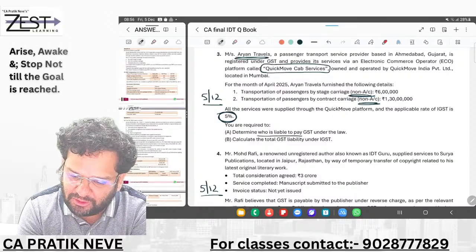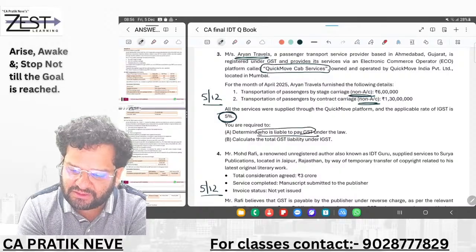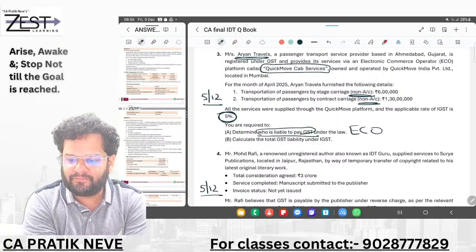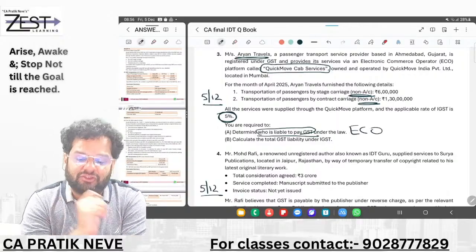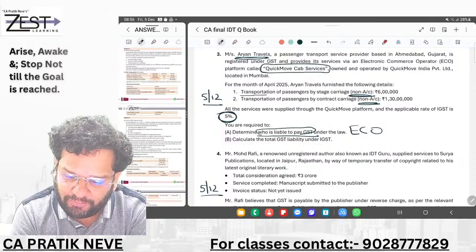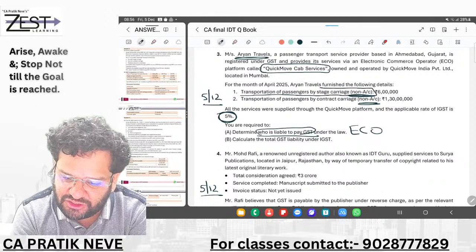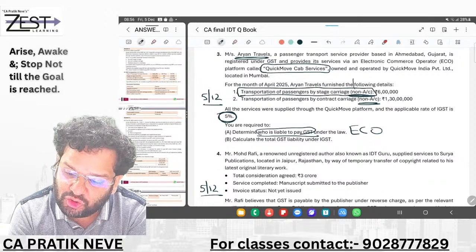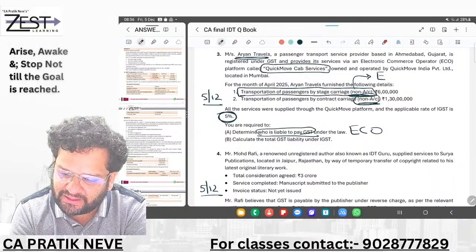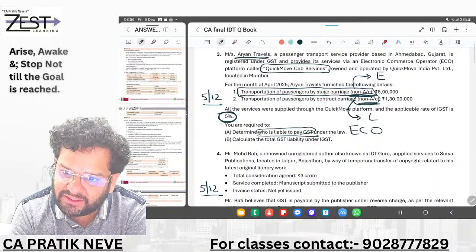Determine who is liable to pay GST. As we discussed, the liability to pay GST will be of ECO. And actually, the transport of passengers by stage carriage, which is non-AC, is actually exempt, and transport of passengers by contract carriage non-AC is actually exempt.